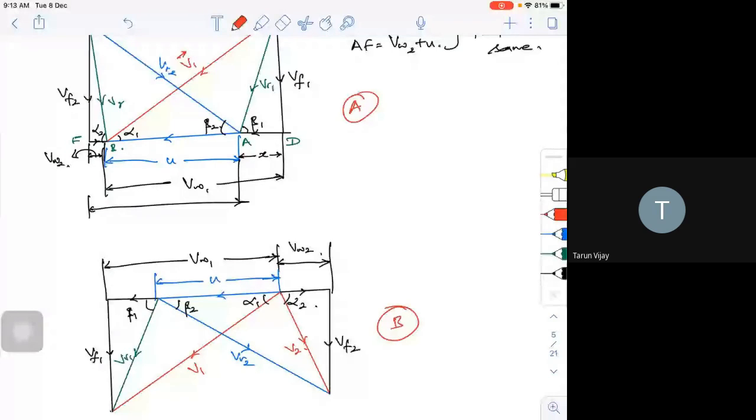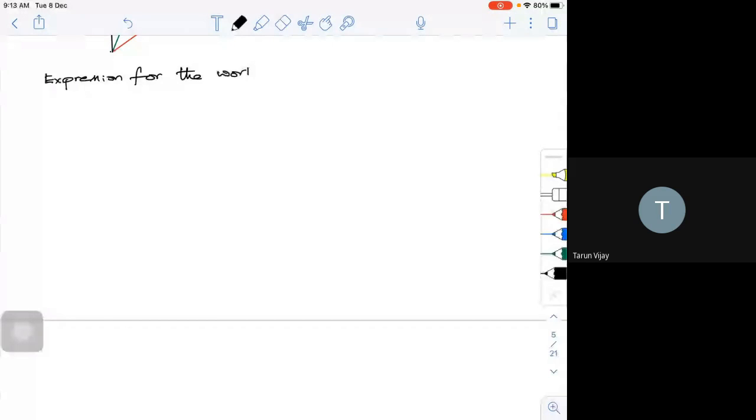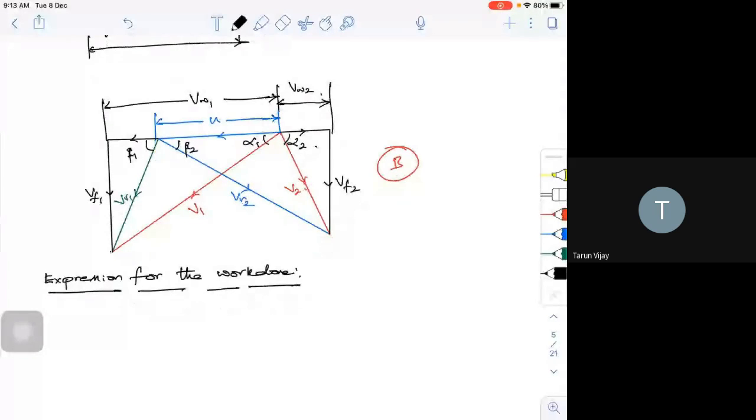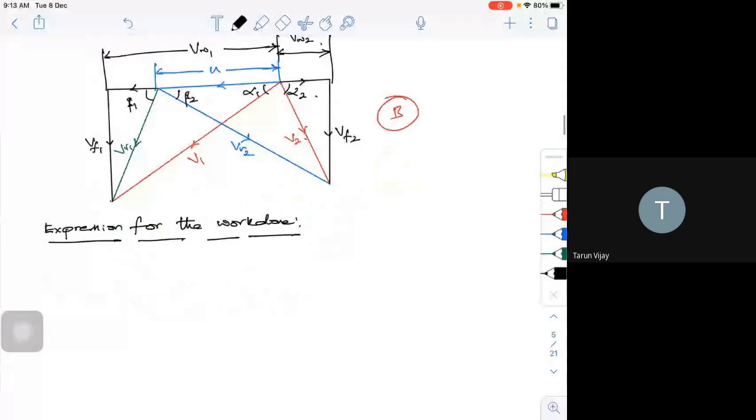Now, once we have drawn this particular thing, let us look for the expression for the work done. Now I will try to take this particular velocity triangle. What do we have here?